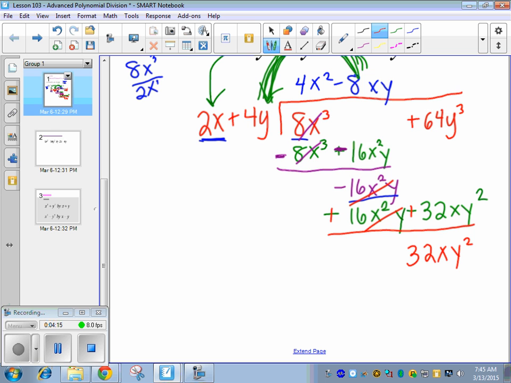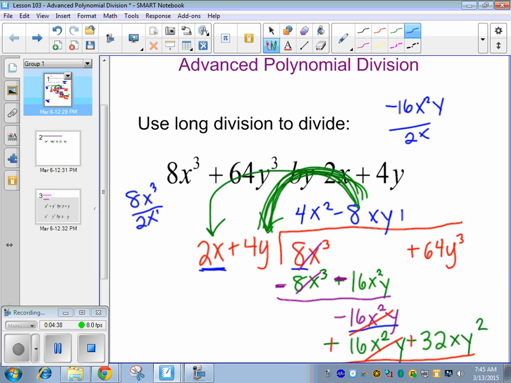Now I divide the first thing by the first thing. Off to the side, I have 32xy squared divided by 2x. 32 divided by 2 is 16, the x's cancel out, and we still have y squared. We write that up top, so plus 16y squared.